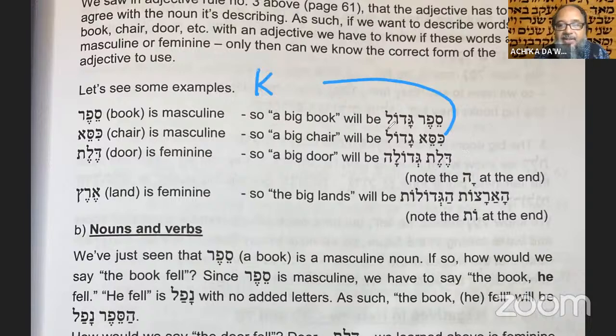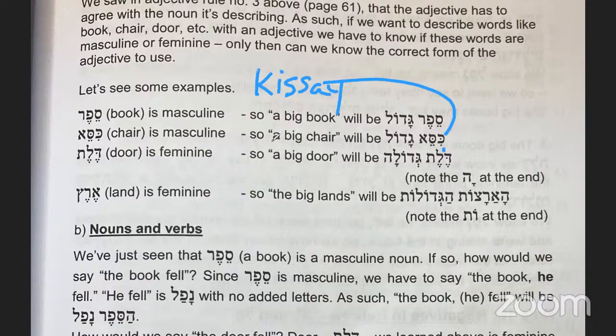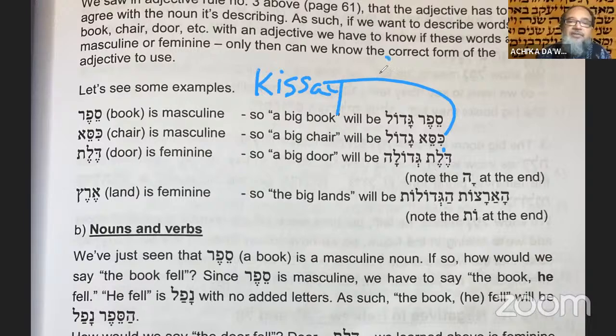The next one is a dot, so we know that's an I. And then we got 2 S's. And then I got an A. Kisse. Ha kisse. Kisse what? Gadol. So when you get your vocabulary, you're like, oh, I know what gadol is. That's great. Or big. Okay. Yeah, kisse is a chair. Okay. Sefer gadol. Kisse gadol.